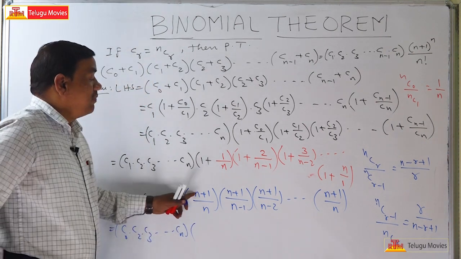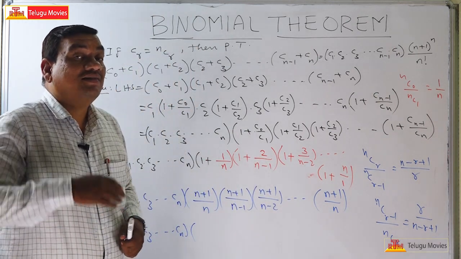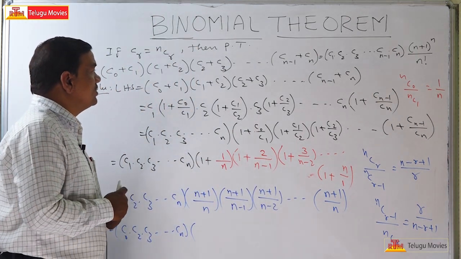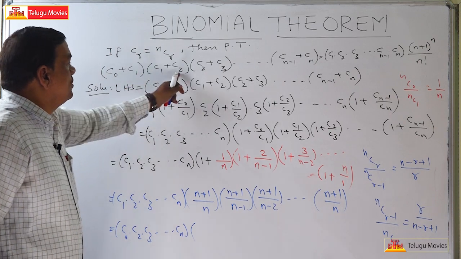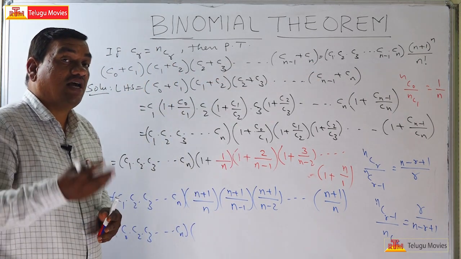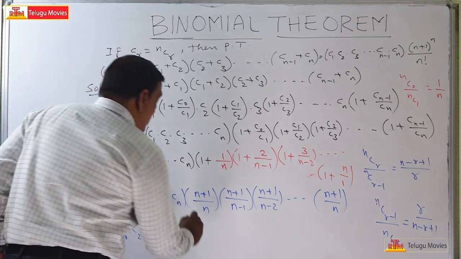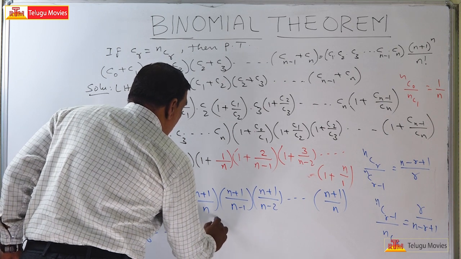So this is N plus 1, N plus 1, N plus 1. In the numerator, how many N plus 1s are there? There are N factors. So how can you say that? So here, see here, 1, 2, 3, so on N. There are N factors. That's why N number of N plus 1s are there. That's why we can write down N plus 1 whole power N.